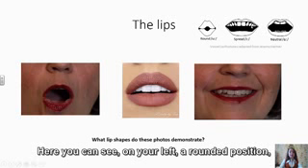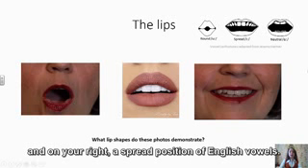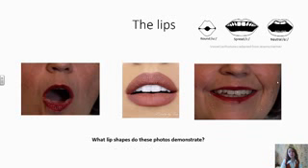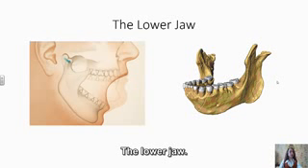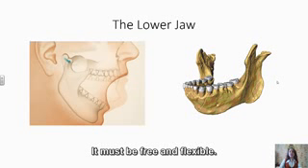Here in the pictures, you can see on your left a rounded position, in the middle a neutral position, and on your right a spread position of English vowels. The lower jaw. This is the only articulator we would like to be less active in English. It must be free and flexible.